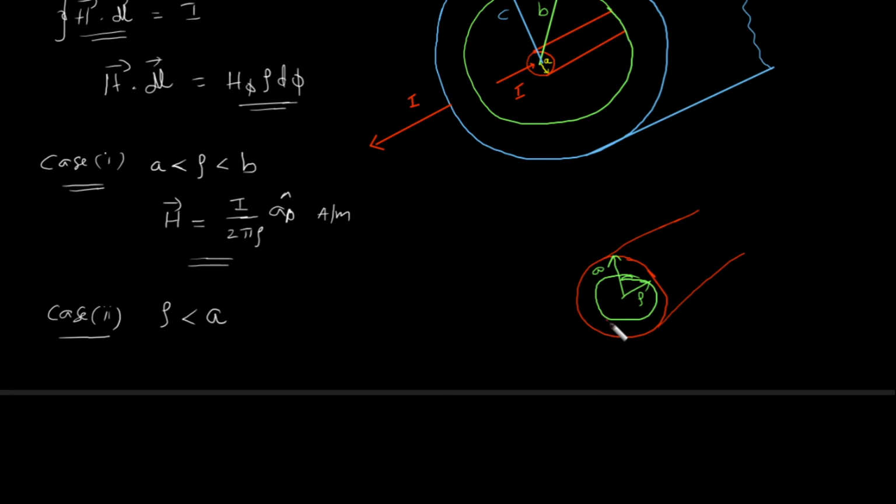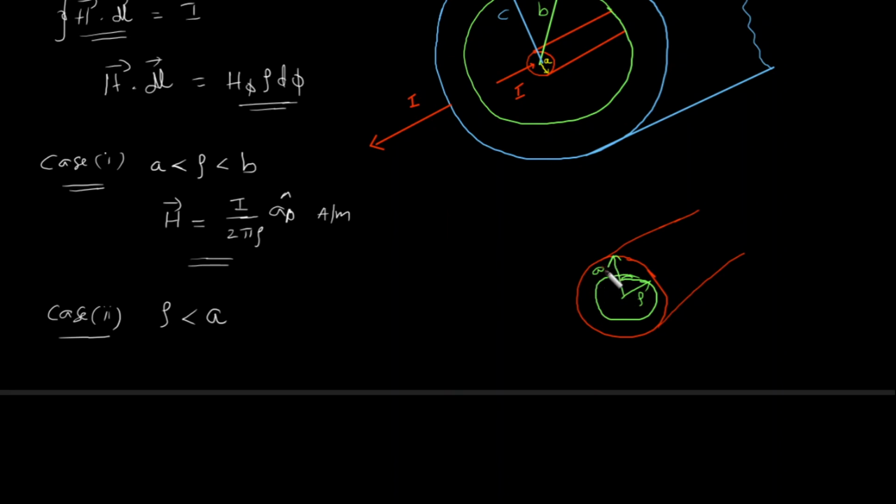So first I need to calculate what is the current enclosed by this closed path, then I can easily substitute in this equation and try to find out what is H vector. It's not a big deal. Now how to find the current enclosed? I will do a comparative study.